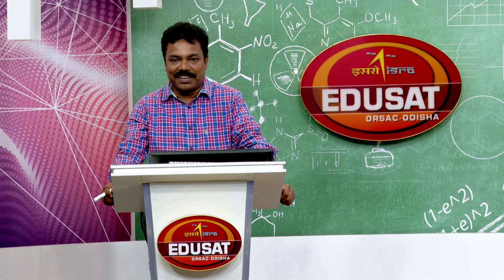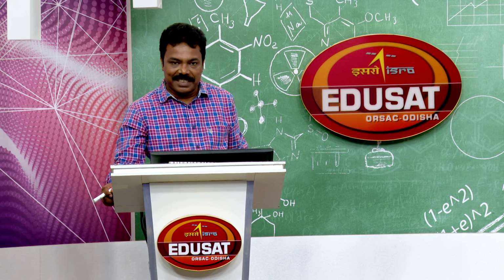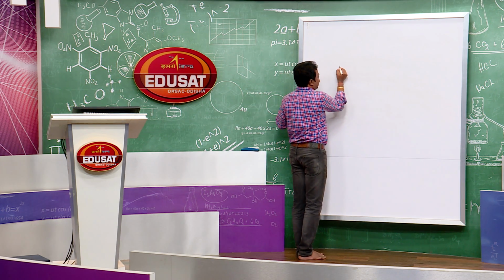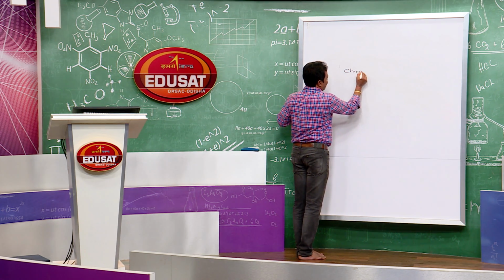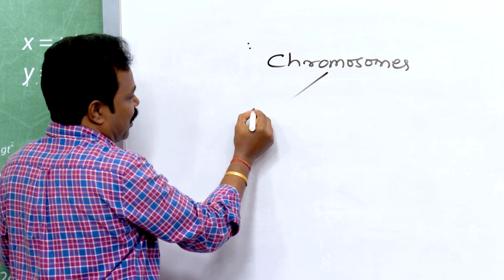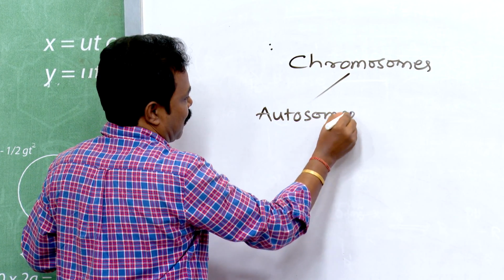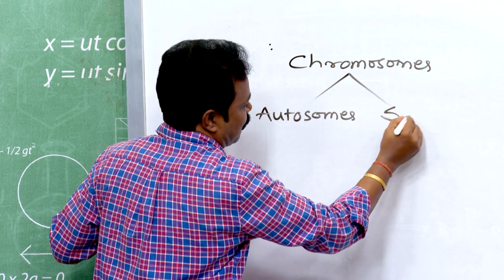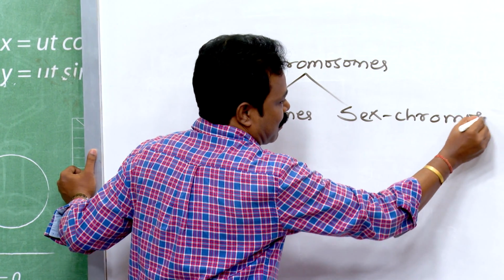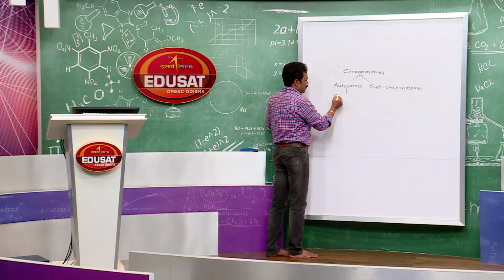As we discussed earlier, chromosomes are of two types, that is autosomes and sex chromosomes. These autosomes carry genes for somatic characters.